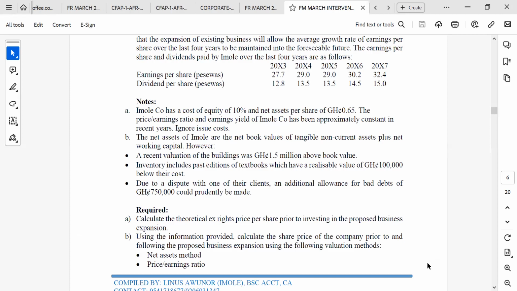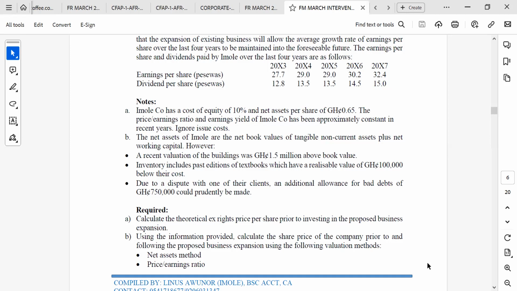What is the meaning of that, seniors? It is more than the book value. Yes, it means they've done a new valuation. There is a gain on the assets.